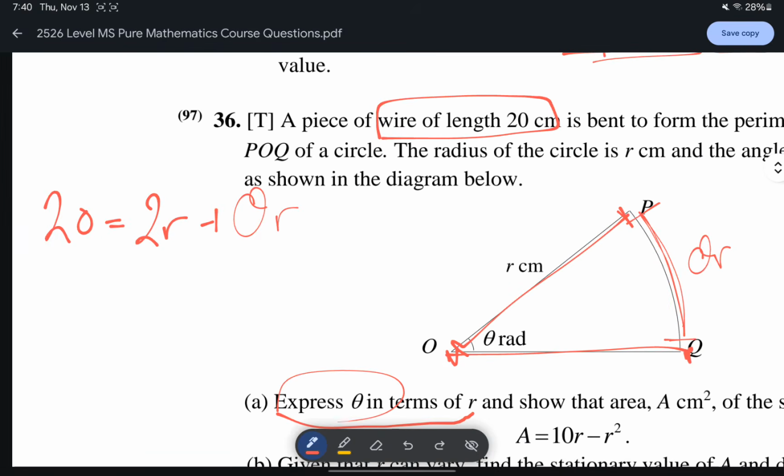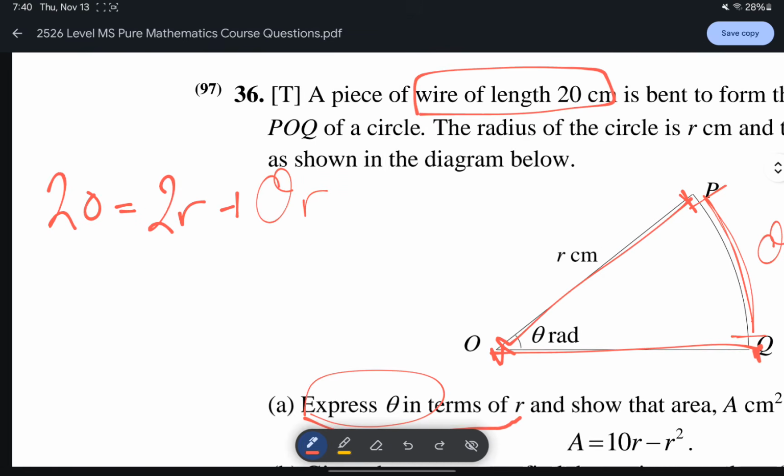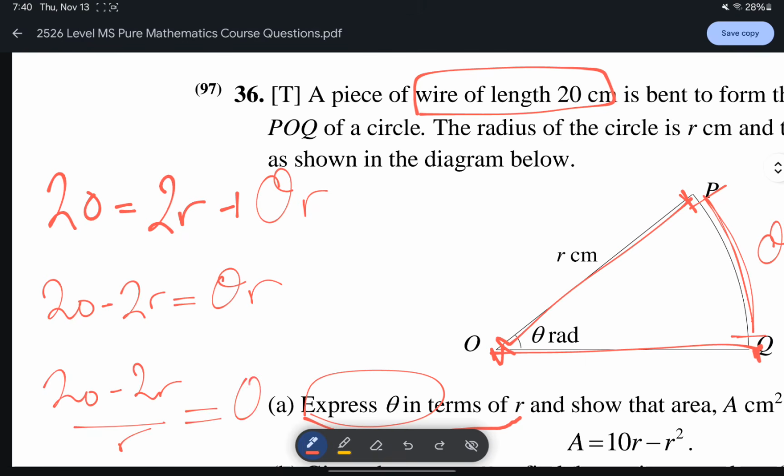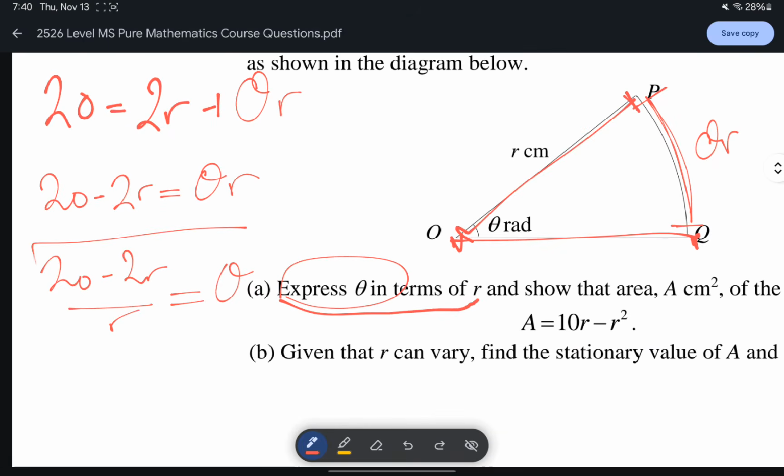They want us to express theta in terms of r, and you'll keep theta on one side and everything else on the other. So it's 20 minus 2r equals theta r. So we divide by r, so that means 20 minus 2r over r equals theta. So this is the first part of that, and this is what they wanted.